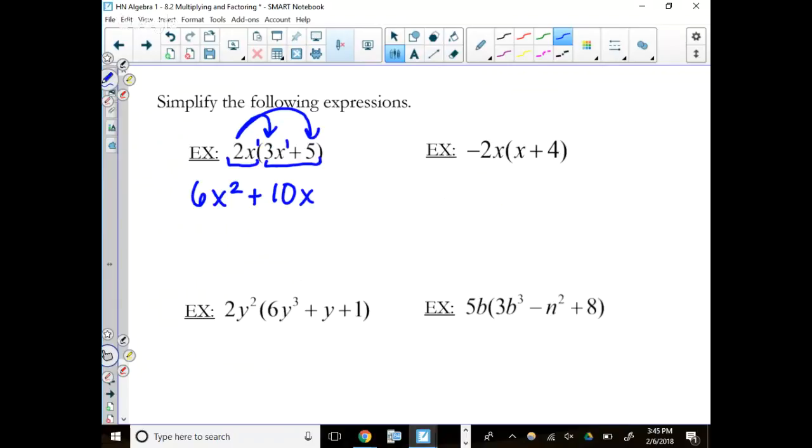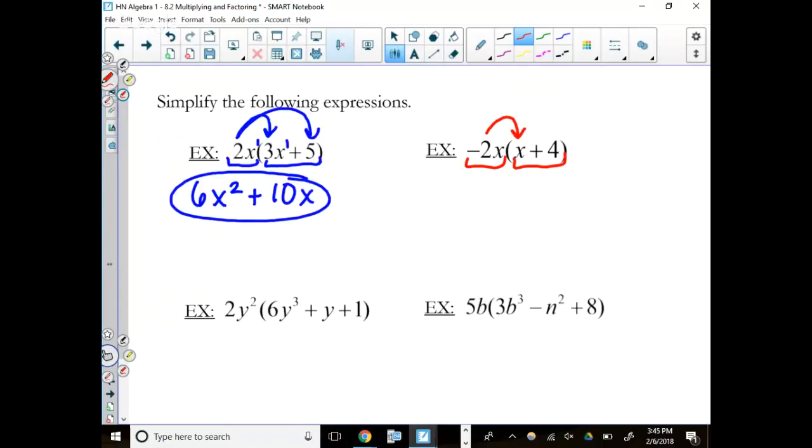You do need to ask yourself, do you need to combine like terms? So no, these are not like terms. It's in standard form, so we're done. Again, if we would do this in class, I would have you do this one. So I would practice this one. Again, we have a monomial times a binomial.